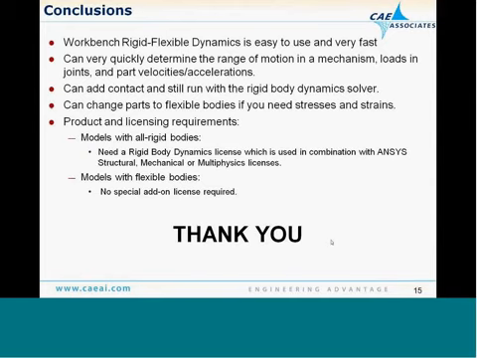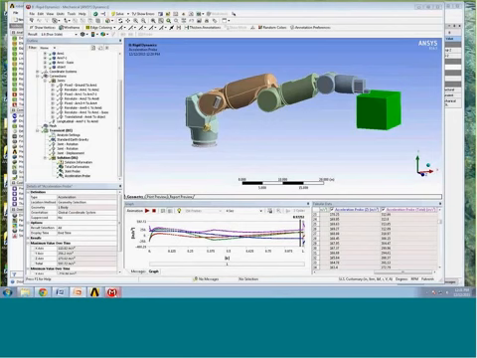You can also add contact. I didn't really cover that too much, but you can add contact between interfaces. It does slow down the solver somewhat, but it's still relatively fast. You can change parts from rigid to flexible bodies if you need stresses and strains. One thing I do want to show you quickly, which I didn't show you before with this demonstration problem.